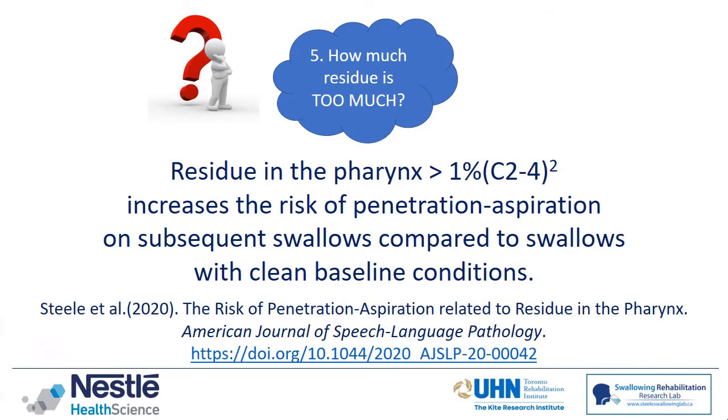So in terms of how much residue is too much, our conclusion is that when there is residue in the pharynx above the 1% C24 squared reference amount, that is the upper limit for residue in healthy people, this represents at least double the risk for penetration aspiration on subsequent swallows, regardless of whether they are clearing swallows or swallows in which a new bolus is swallowed on top of pre-existing residue.